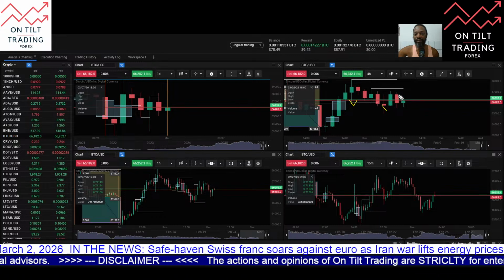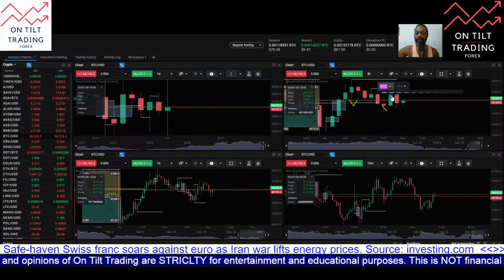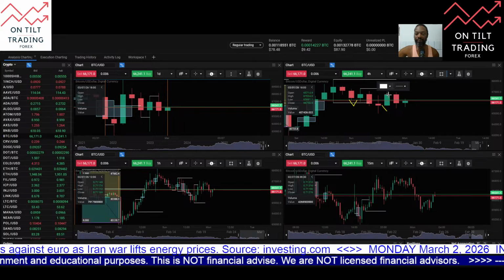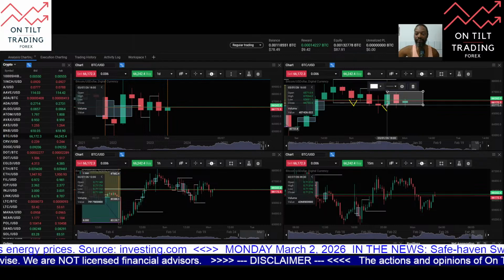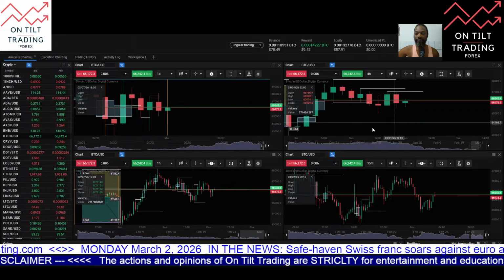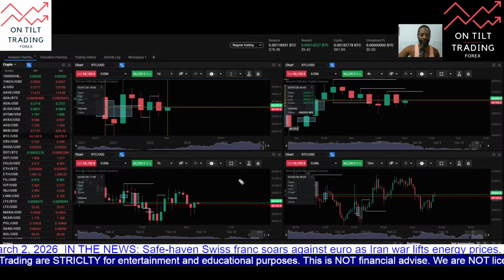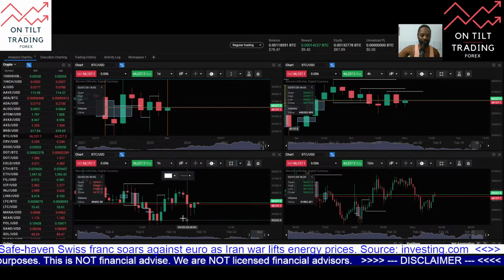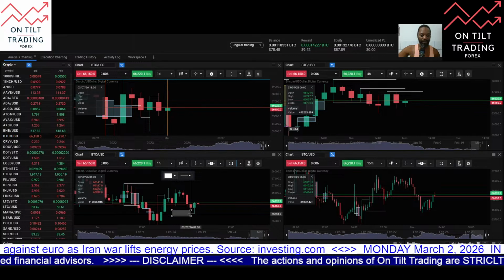This is actually, here is now the new swing high here. And the 1 hour is bearish. And it's trending.